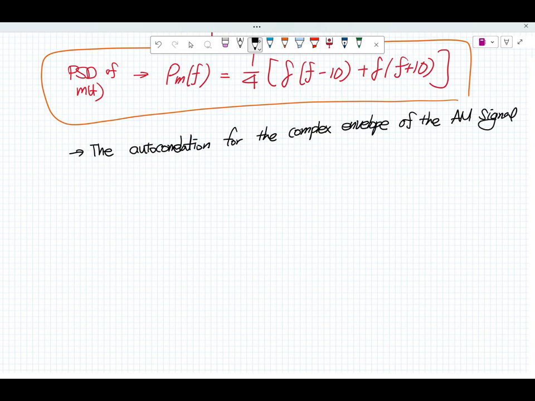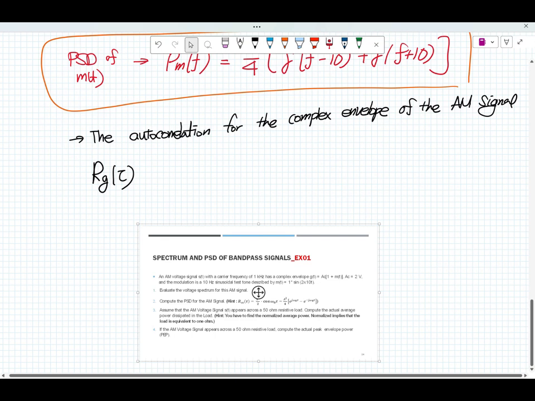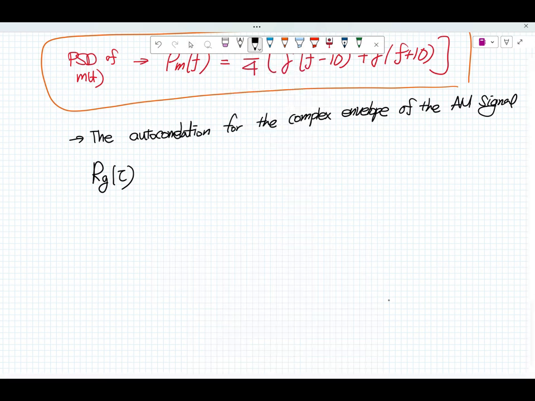For this case, in the direct method, we have to find R sub g of tau, the autocorrelation of the AM signal. This is complex, which is why we have to conjugate here, g of t plus tau.